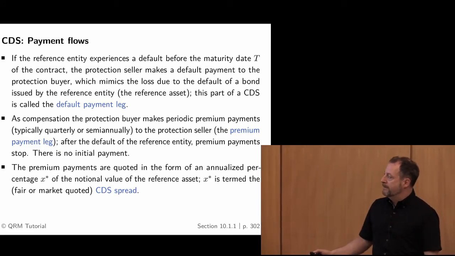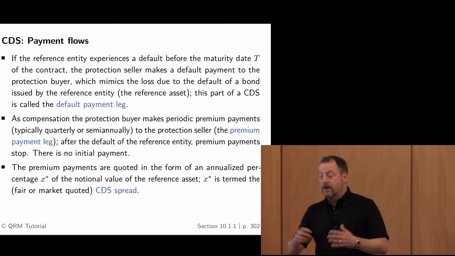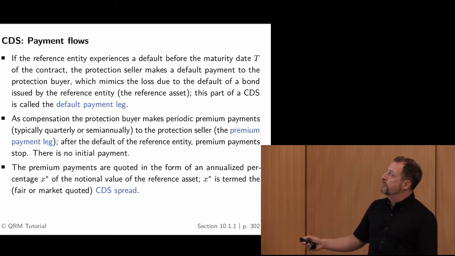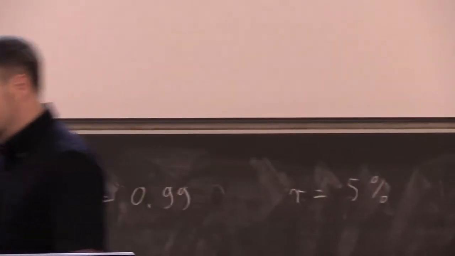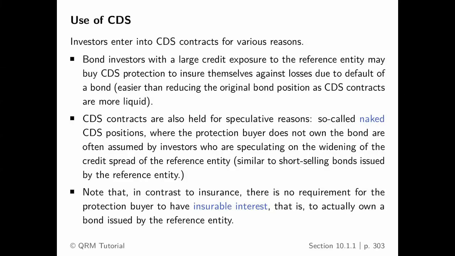So you might buy 10,000 or 50,000 or 100,000 Swiss francs worth of protection against this reference entity, and the spread premium will be a percentage, and we will use X star as the notation for that when it reappears. The corporate bond I won't explain. That's the other instrument that we will value.